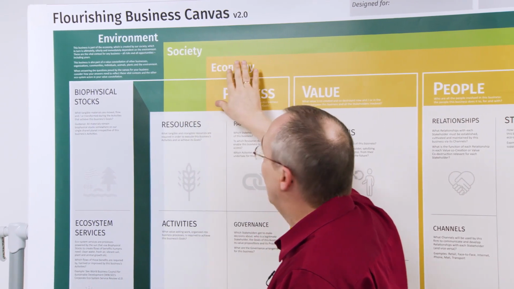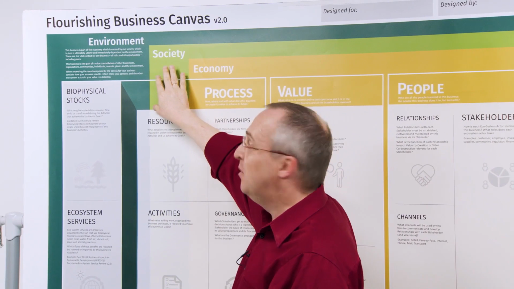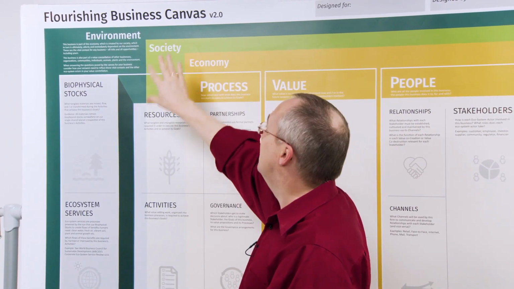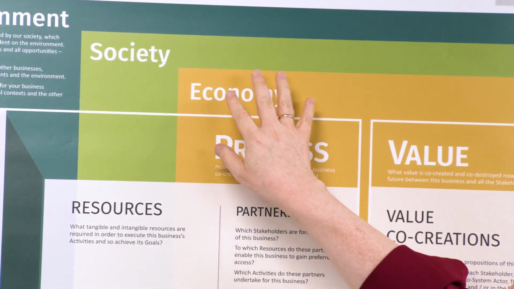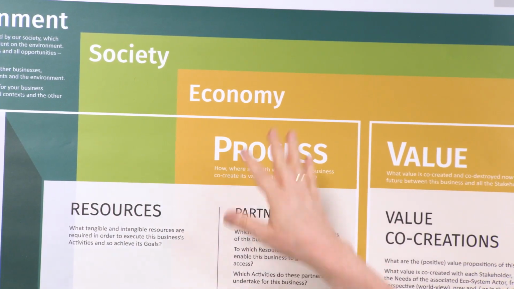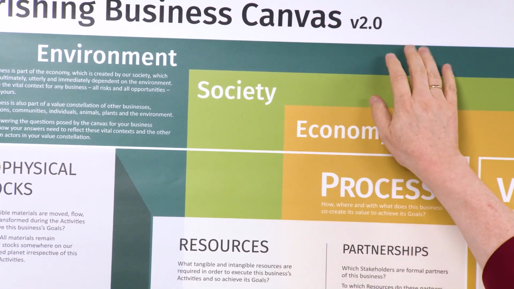Within society, we have the economy. The economy is something that is created by society, by a consensus in society about how we work together to better meet our needs. That is the purpose of the economy. This nest allows us to think about how our business relates to the economy, which is part of society and in the environment.